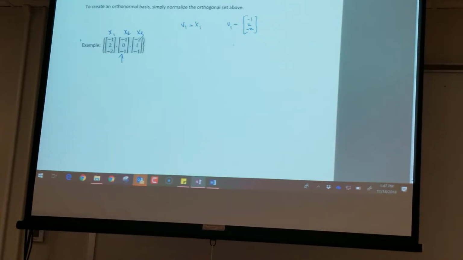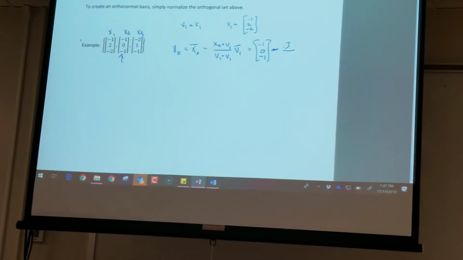All right, so v2 is going to equal x2 minus x2 dotted with v1 divided by v1 dotted with v1 multiplied with v1. So x2 is minus 1, 0, minus 1 minus, now this is where the fraction comes in. Was the dot product of the first one correct? Yes, 3.